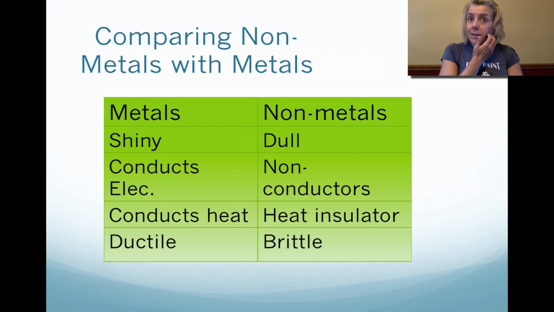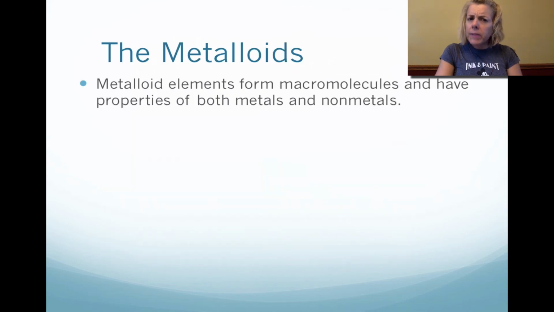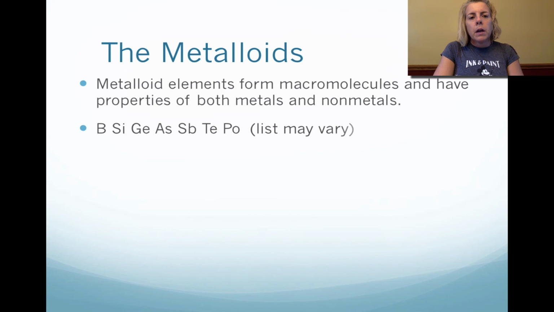They do not conduct electricity or heat, and they tend to be brittle. Metalloids are a combination of both of them, and they tend to form big molecules. That's why we call them macromolecules. Some examples of metalloids would be boron, silicon, germanium. Okay, so these are all examples of metalloids.